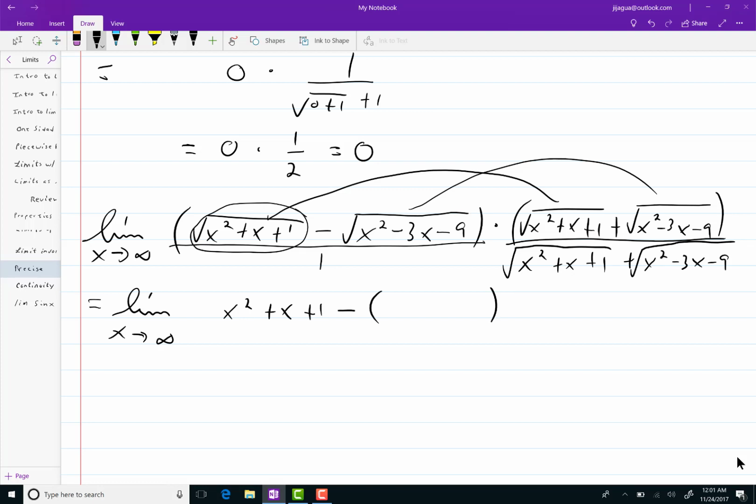Now be careful here. My students make this mistake all the time. You need to put this next thing in parentheses: x squared minus 3x minus 9. And in the denominator, I'm going to get the square root of x squared plus x plus 1 plus the square root of x squared minus 3x minus 9.